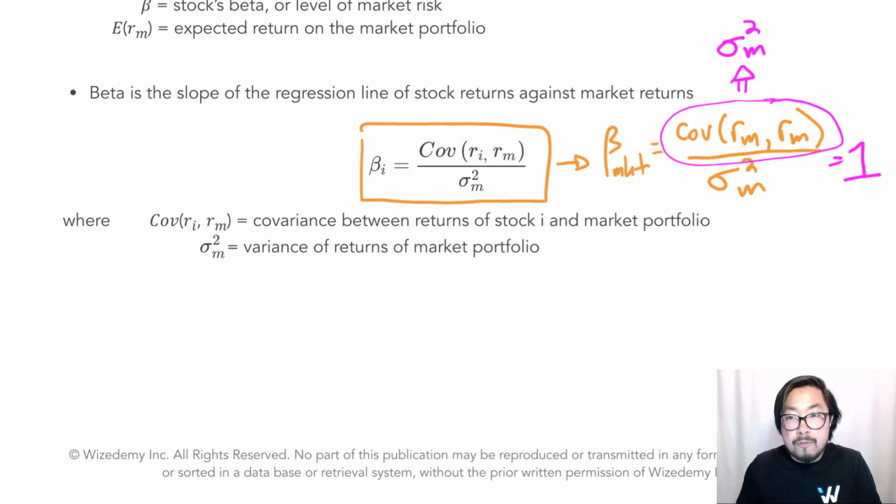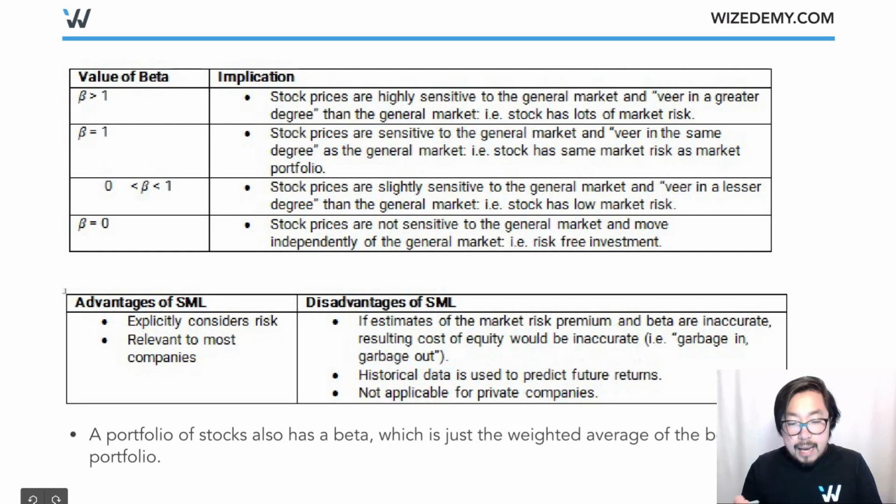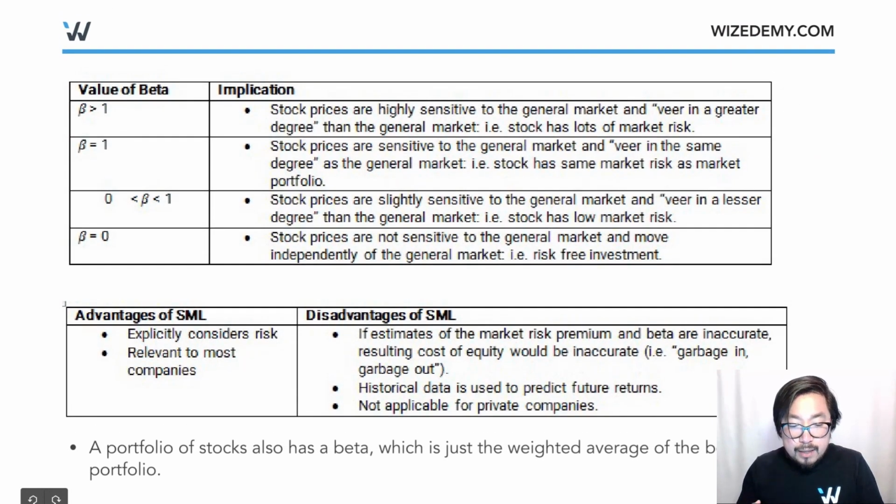So the beta of the market portfolio is standardized as 1. Whatever has a beta of 1 has the same level of sensitivity, the same level of market risk as the market portfolio. And here's a table that shows the different interpretations of the different ranges of beta. When beta is equal to 1, as I mentioned, the security has the same level of sensitivity, the same market risk as the market portfolio. When beta is greater than 1, then the stock has more market risk, more sensitivity to the market portfolio than the market portfolio itself.